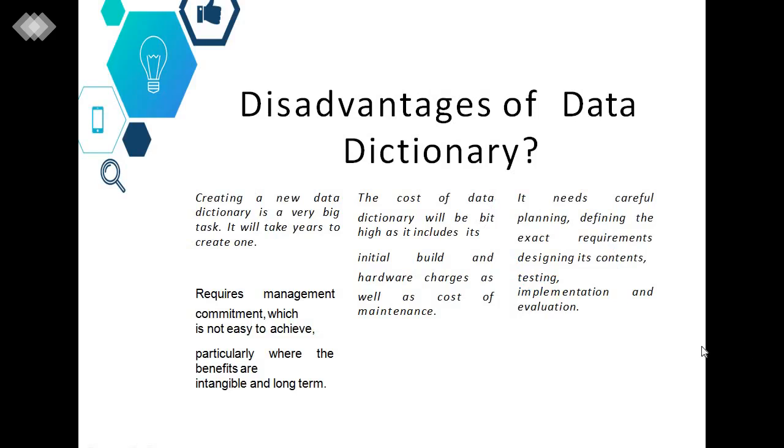So here are the disadvantages of our data dictionary. First, it is a very big task, so it can take years to create one. It also requires management commitment, which is not easy to achieve. The cost will be high as it includes the initial build, and some hardware charges also affect the cost of maintenance.